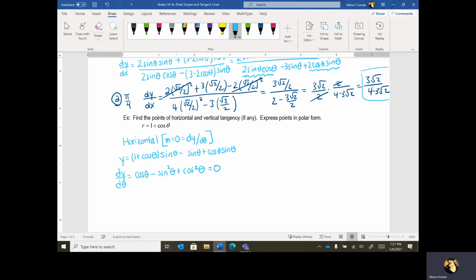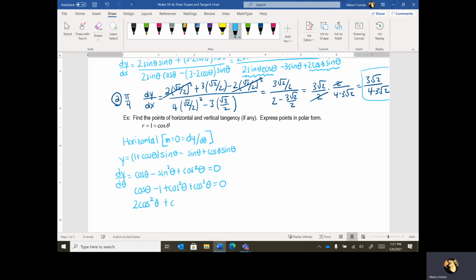And I need that derivative of y with respect to theta set equal to 0. Now, if I'm going to solve this, it's not good that I have both sines and cosines in the equation. I'm going to have to use a trig substitution. And it'd probably be best to make it all in terms of cosine. So there's my Pythagorean substitution.